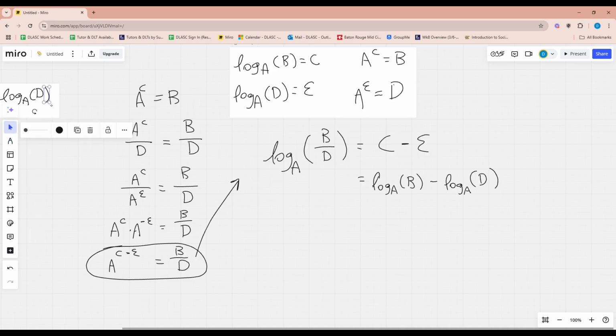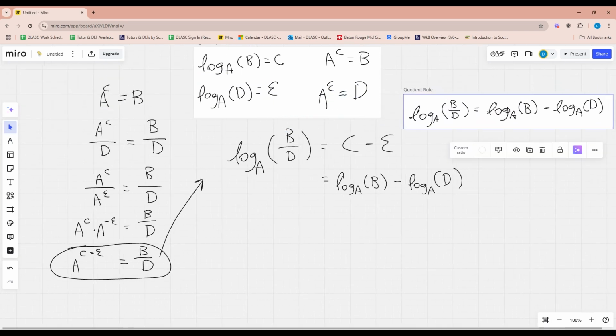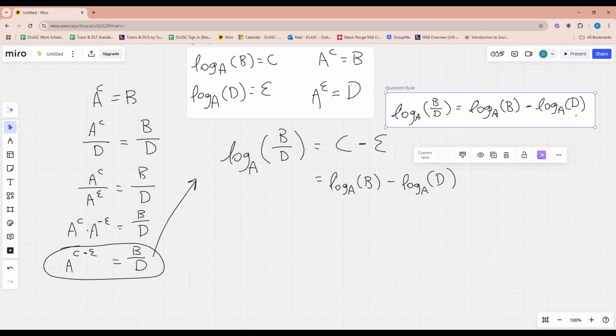So again, the original expression is right here. That's what we started with. That's the rule. We started with the relationships between logs and exponents, we manipulated it, and we were able to use arbitrary variables to show that this is true for any constants.